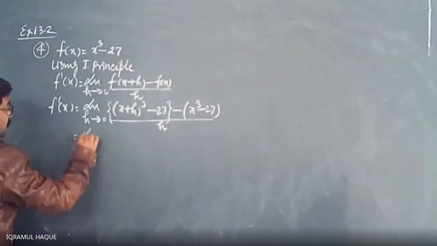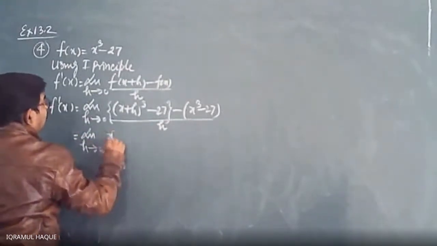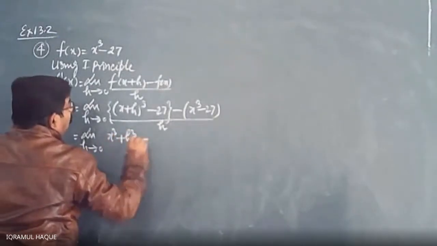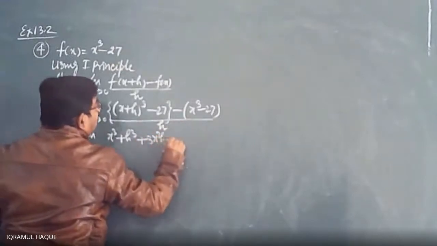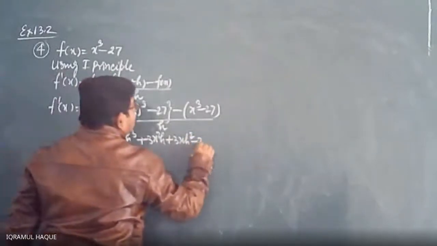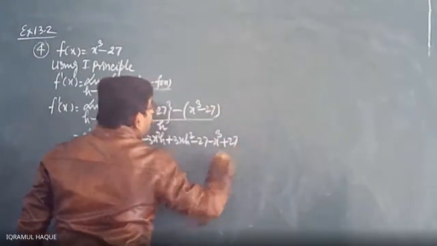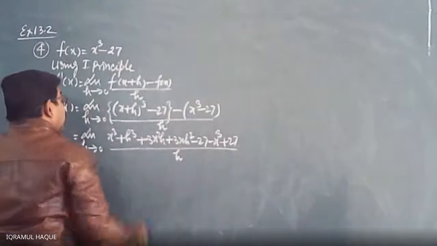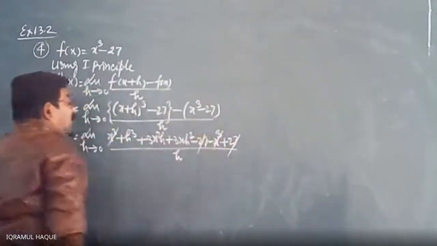We have limit h tends to 0, x cube plus h cube plus 3x square h plus 3xh square minus 27 minus x cube plus 27 upon h. This x cube minus x cube and plus 27 minus 27 will go.